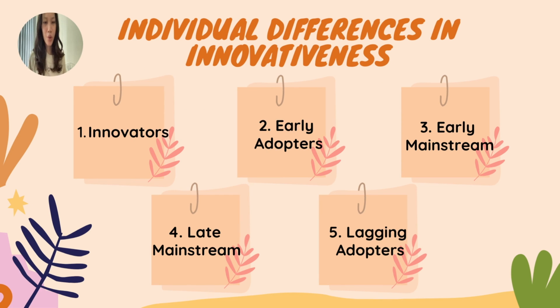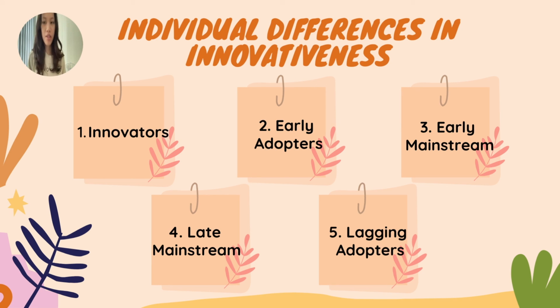We all acknowledge that consumers are separate individuals, therefore this leads to differences in innovativeness. Firstly, the innovators are venturesome because they try new ideas at some risk. Secondly, the early adopters are guided by respect because they are opinion leaders in their communities and they adopt new ideas early but carefully. The third one is the early mainstream adopters.